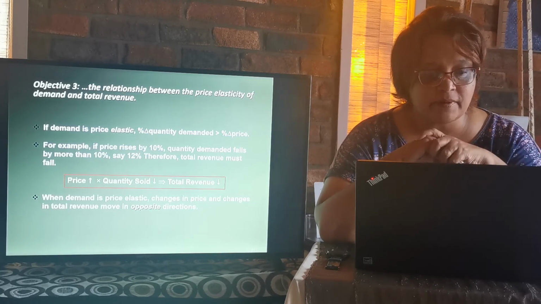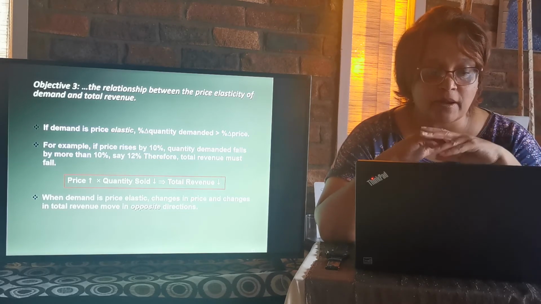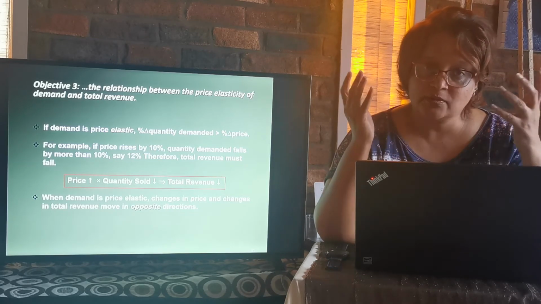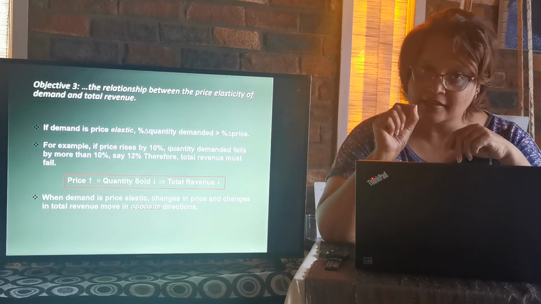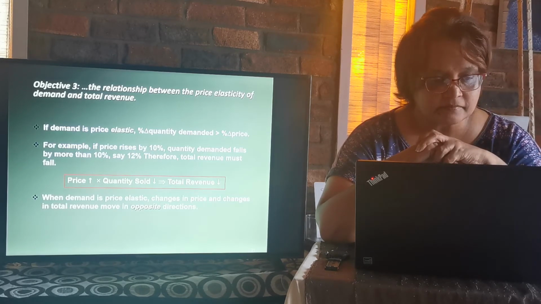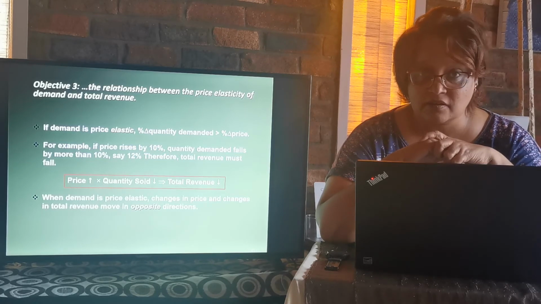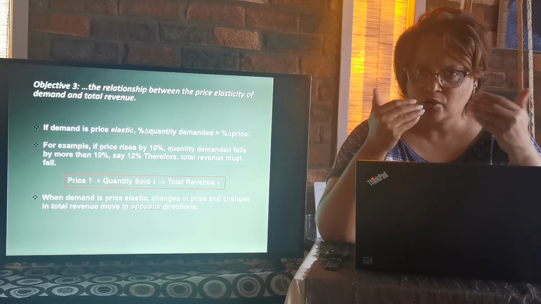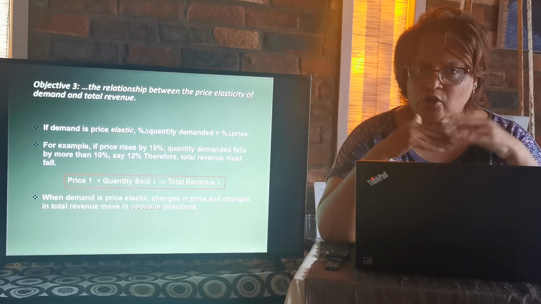For example, if the price rises by 10%, quantity demanded falls by more than 10%, say 12%. That is why I said it's very responsive. Elasticity is the responsiveness to the price. Therefore total revenue must fall. So you're selling less, and your total revenue will be less.